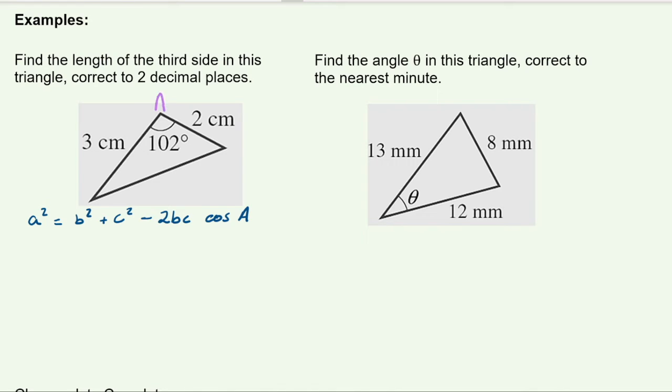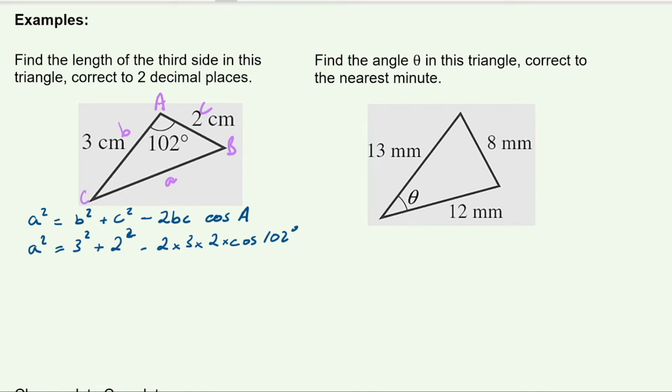So I'm going to label that corner A, then B and C, which means that this side is a, this side is the little b, and this side is a little c. And then I can use that information to plug into my formula. So a squared is going to stay the same because I don't know the value of a. b squared will become 3 squared plus 2 squared minus 2 lots of 3 times 2 times cosine of A, which is 102.